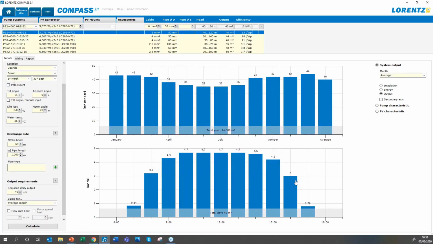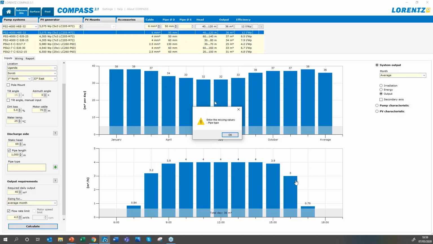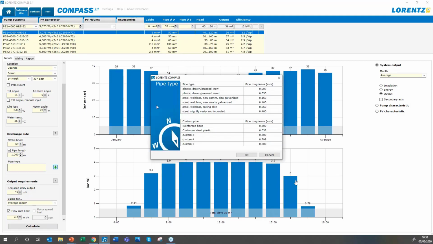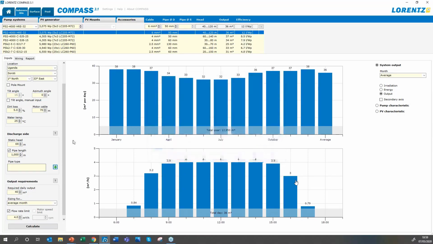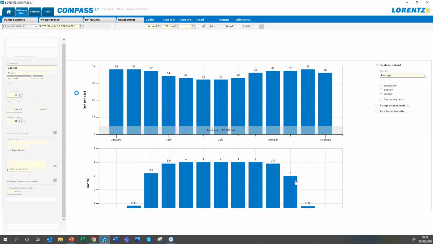So we can change some things on tilt and angles here, plus we can also then set a flow rate limit. So if we were working with a borehole that has a flow rate limit of 4 cubic meters per hour, for instance, I'm now in expert mode, so it's really asking me for a pipe type. So let me put in a plastic pipe, and I would calculate.